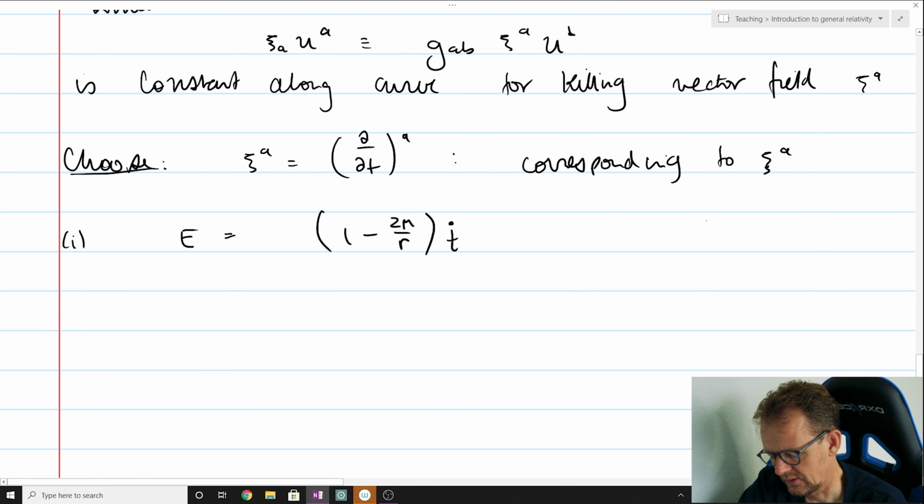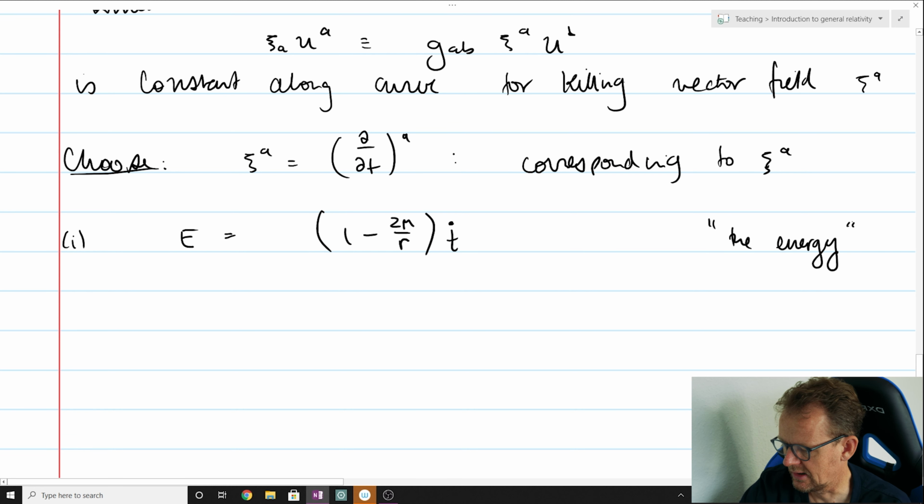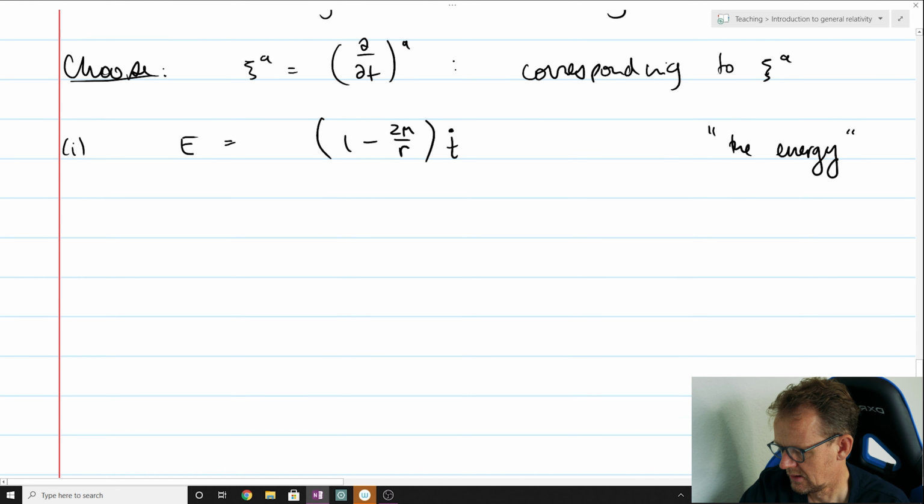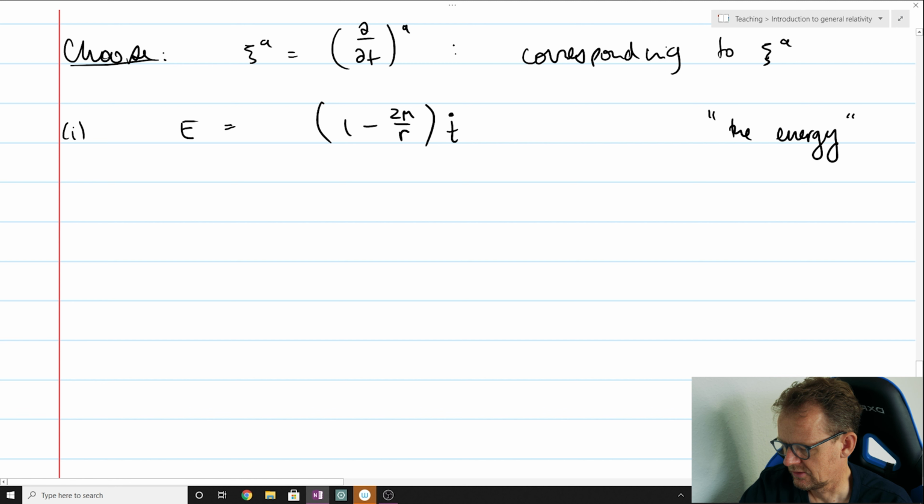Although in general relativity, one must be very careful about what one calls the energy, because you also have to incorporate the gravitational field itself. So the question of what's the energy of some volume of space-time, including test particles and so on, can be difficult to make precise.